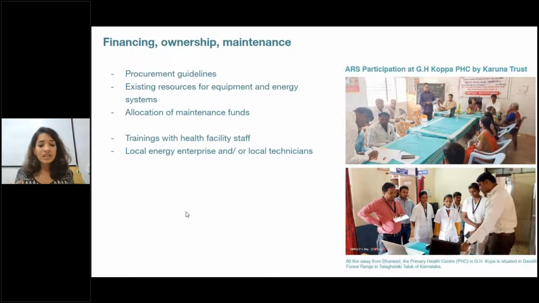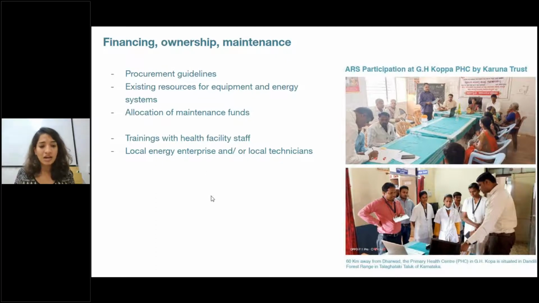The final component that is extremely critical is to make sure that the health staff are really trained to utilize this. Having a baby warmer or a suction apparatus there, but having a non-medical staff or a nurse who may not know how to use these appliances is sort of losing the point completely.